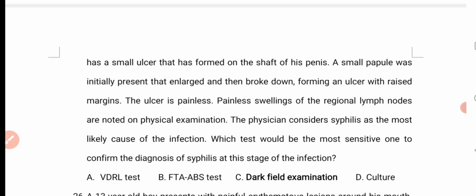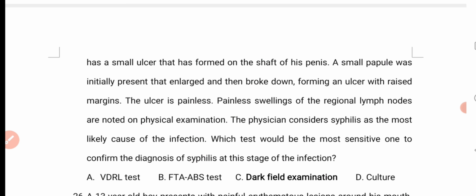As we know, there are different stages of syphilis, right? For the primary stage, dark field examination or PCR, the molecular nucleic acid test, is usually preferred. For secondary syphilis, the VDRL test or RPR can be preferred.